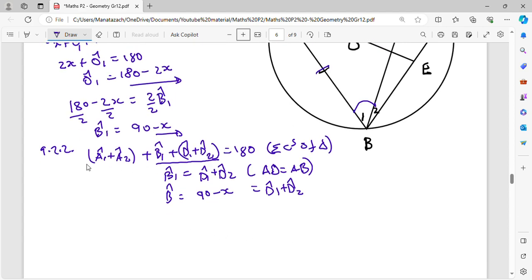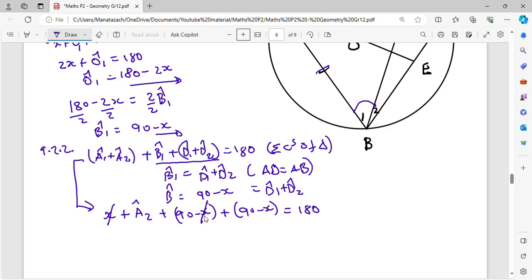So let's come to that equation and make changes to it. Remember, A1 is x, already we know that. A2, that's what we're trying to establish. B1 is 90 minus x. We've proven that on the first question. And then D1 plus D2 is also 90 minus x. We've just proven that. Then we'll say all of that is 180. So this x and that x will cancel out, right?